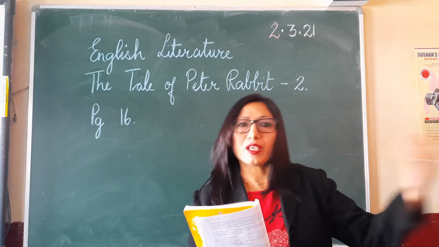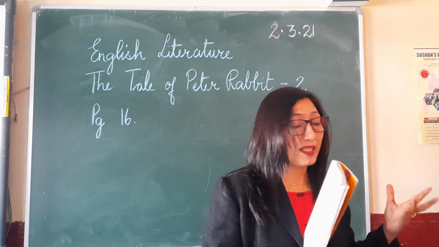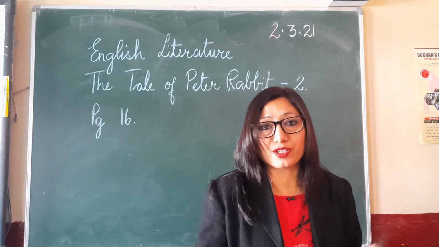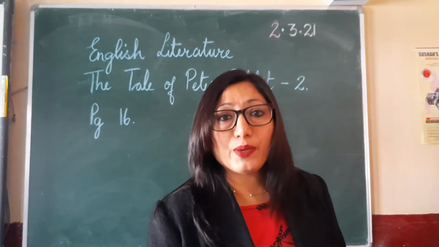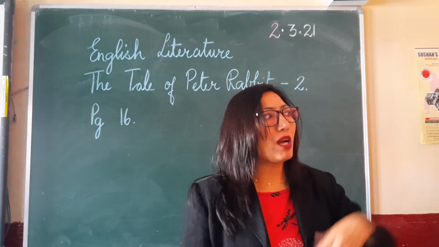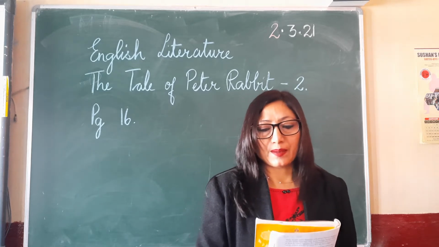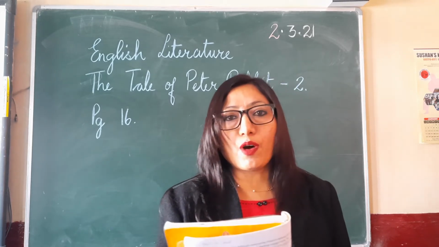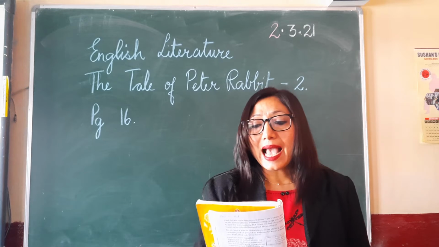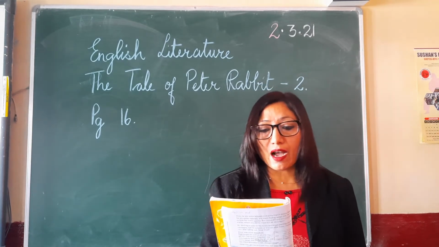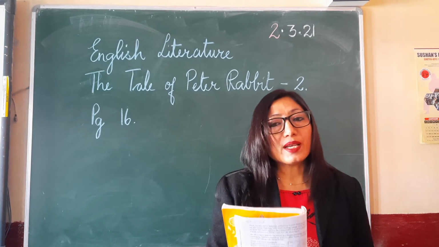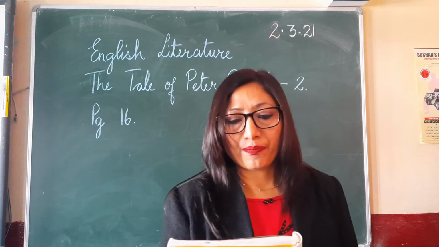So, Mr. McGregor had kept 3 pots of plants on the windowsill. And when Peter jumped out of the window, he upset those 3 plants. The window was too small for Mr. McGregor, and he was tired of running after Peter. He went back to his work.